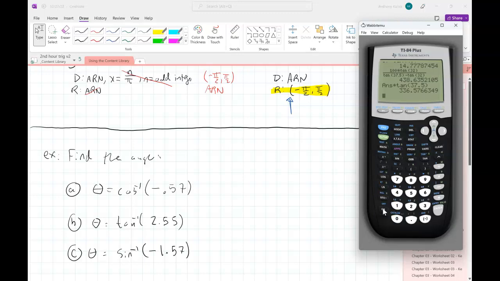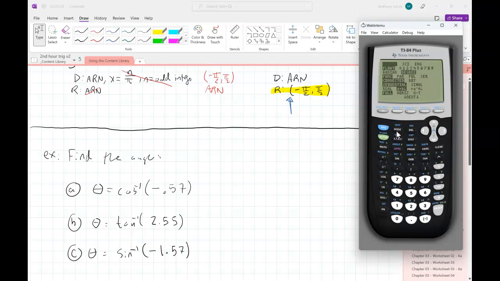Okay, so when we're using one of these inverse functions on our calculator, a couple of things we have to be careful about. Number one, the mode of our calculator matters when we're using these.